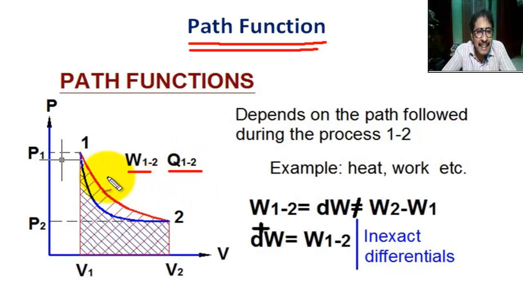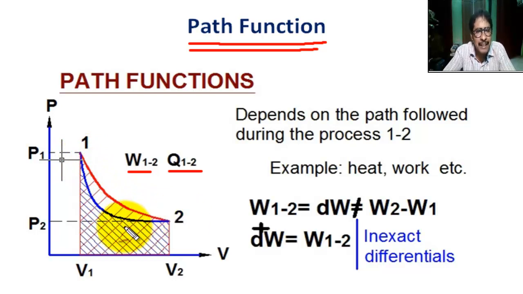This is basically under the curve red color 1 2, W12. We find out the work under the area 1 2 curve. Amount of area depend on path.